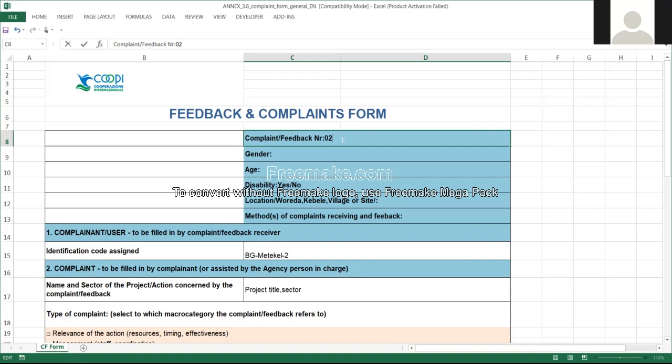So we have to register this. And the location: site, Wareda, village. If you don't have the exact location of that person, giving feedback may be difficult. So you have to register this site and the method of complaint receiving and feedback.